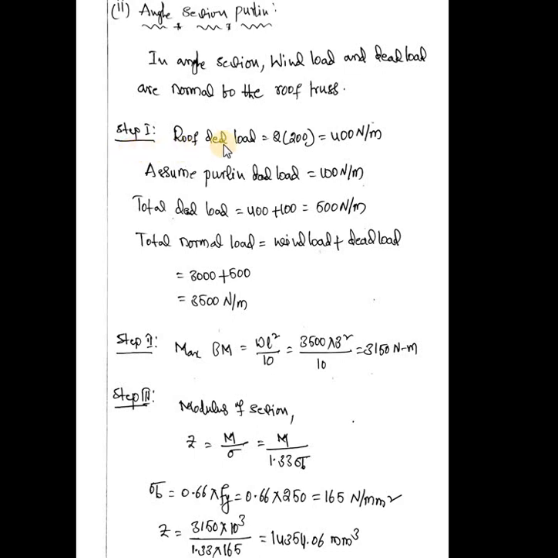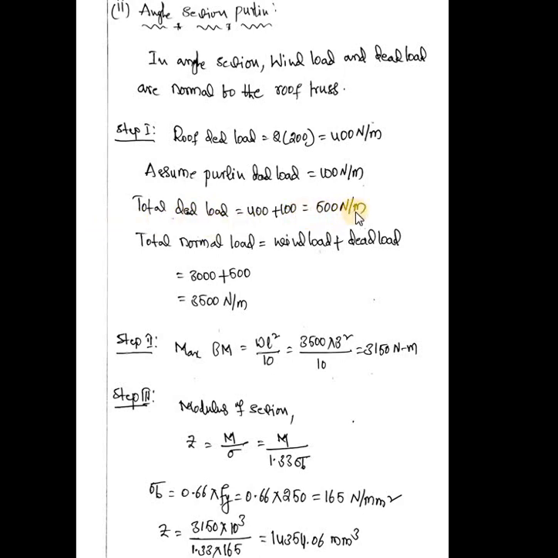Coming to step 1, based on previous data, dead load he has given. Based on sheeting load, we have to consider 2 times the sheeting load, 400 Newton per meter. We assumed dead load for purlin 100 Newton per meter.